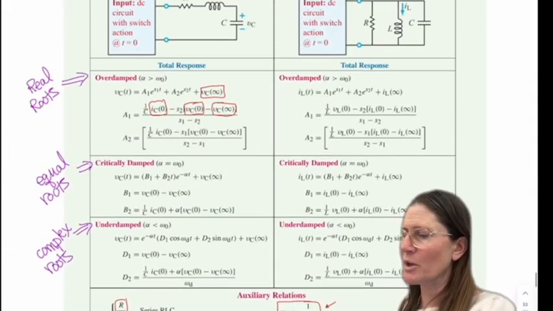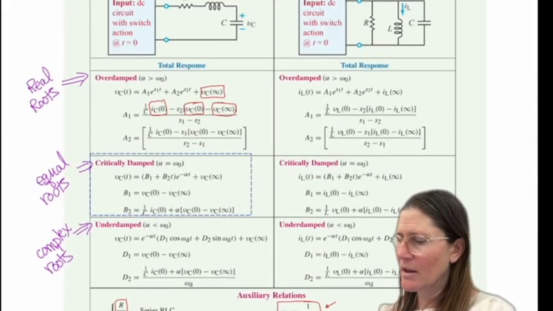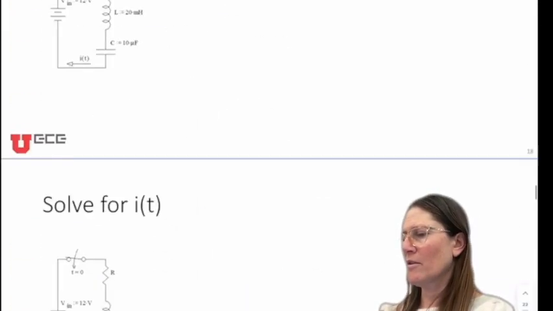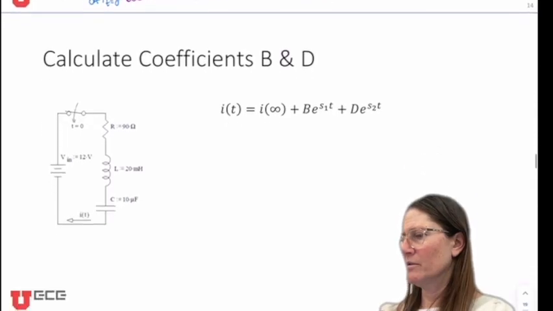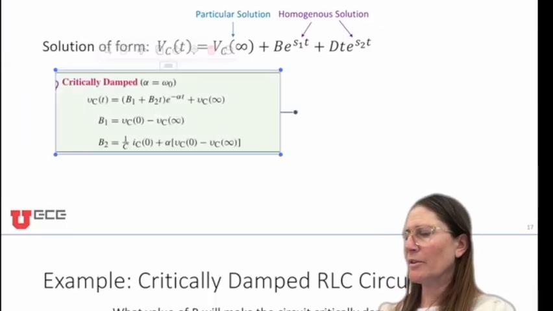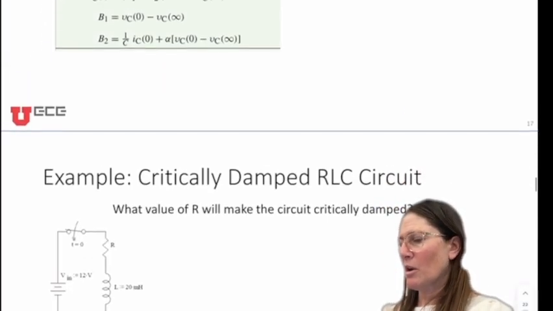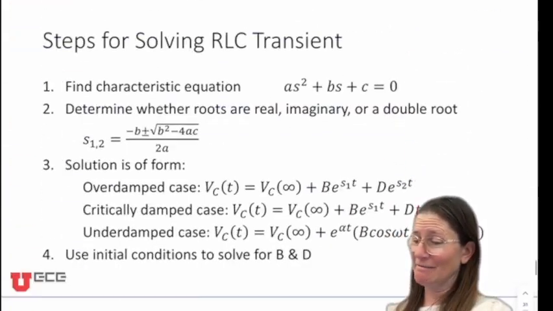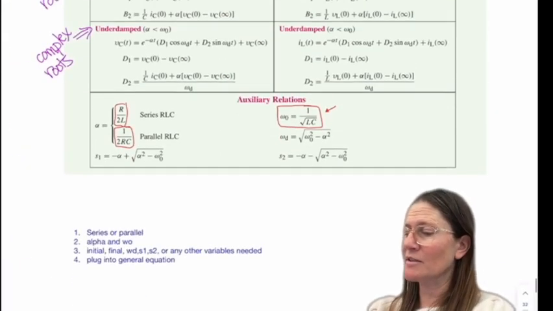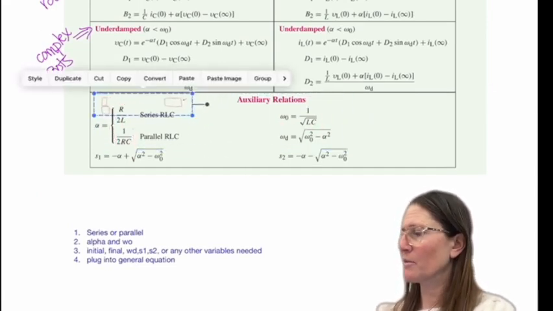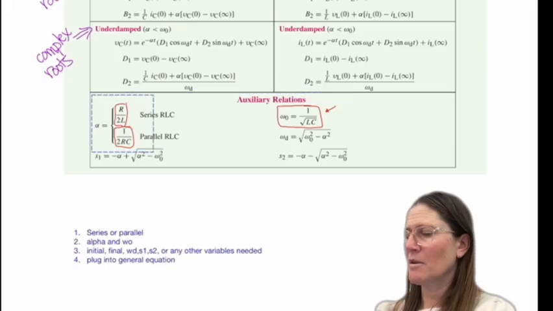I'm going to grab the equations from it. First off, we need to figure out which one it is, and so we need to figure out the alpha value and the omega naught value.